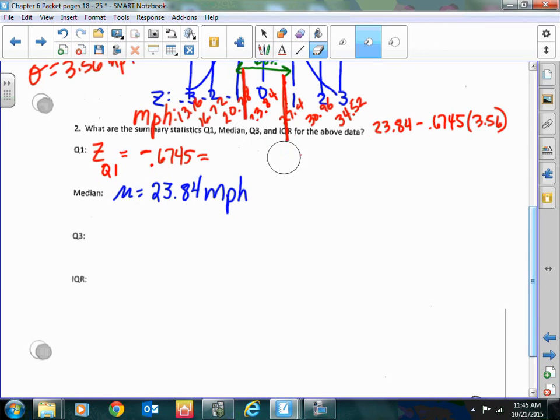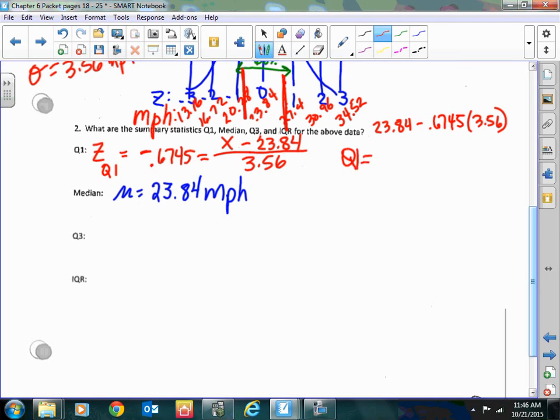And what we want to know from that is x. And we know the mean, x minus the mean, over the standard deviation. And then you get to solve for that value. Just doing algebra. Label miles per hour because it's context.